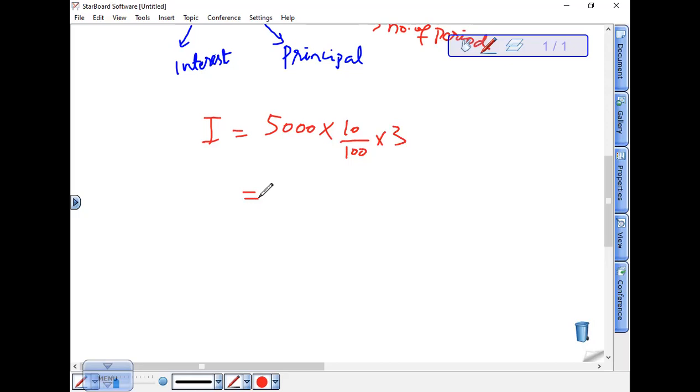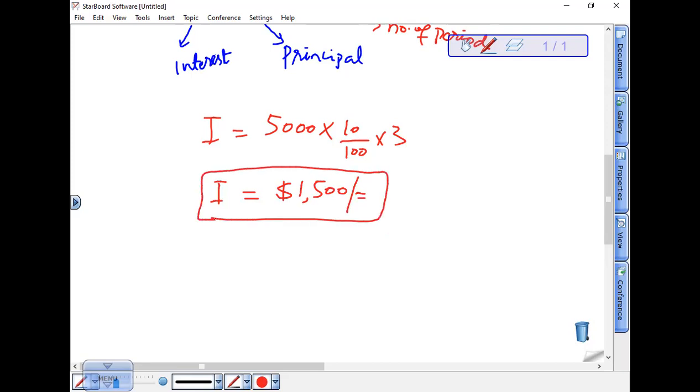I'm using my calculator now. So 5,000 into 10% times 3 will give $1,500. So the amount of interest earned under simple interest is 1,500. If we want to calculate the total amount that the investor will get after 3 years, the total amount is denoted as sum.